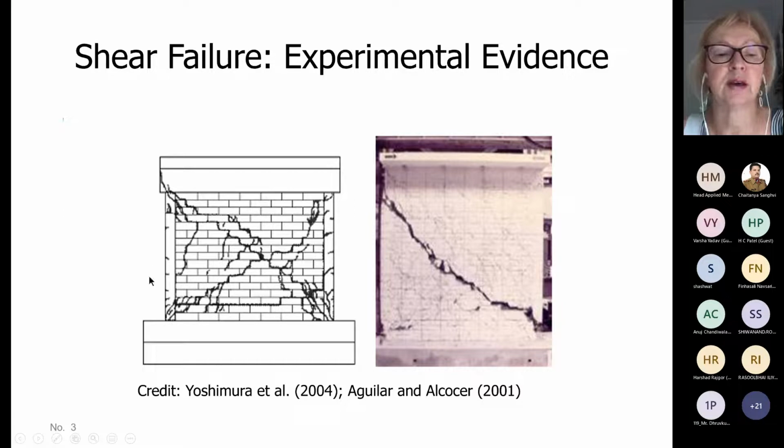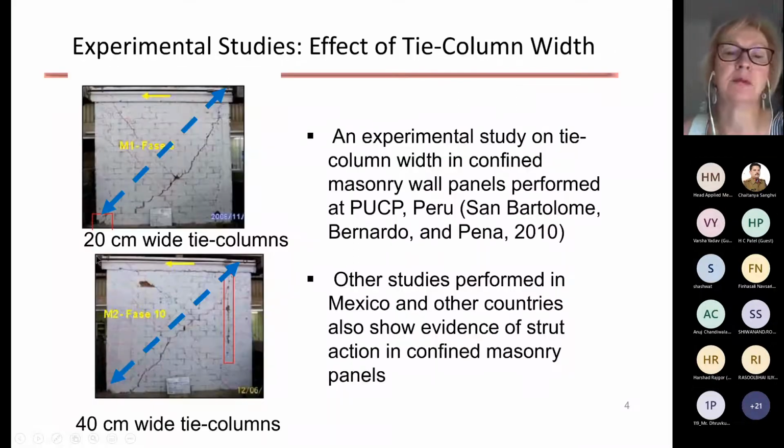On the left-hand side drawing, you can see horizontal cracks in the tie columns, so there is some effect of flexure in that case because the cracks are horizontal in these tie columns, but the cracks in the masonry are due to shear. Some tests also studied the effect of the width of the tie columns on the behavior of confined masonry walls.